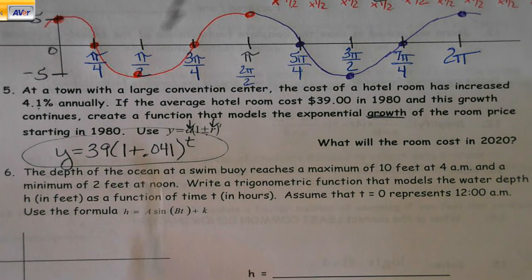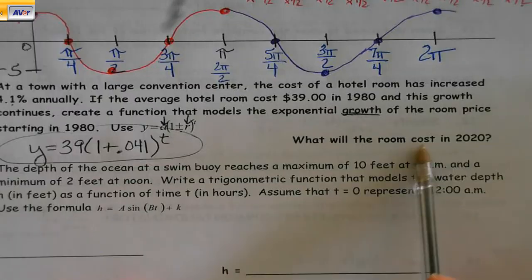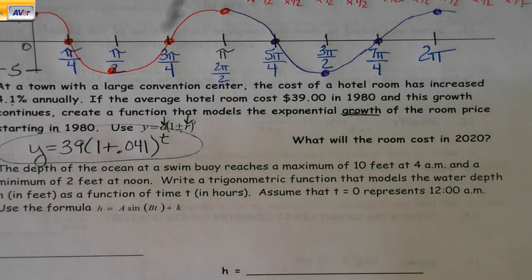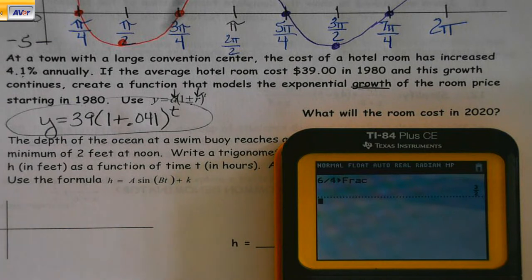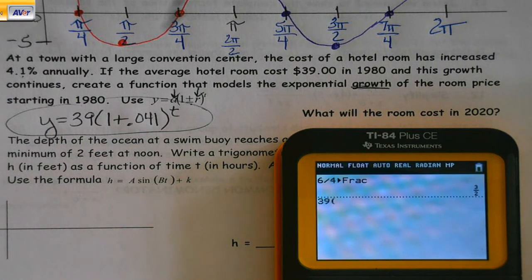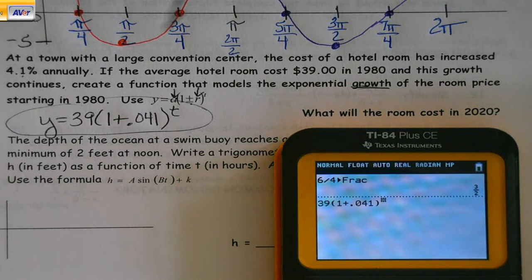That is my function. However, this time, we are asked, what will the room cost in 2020? There's an additional question, which means I have a t-value now, but maybe not the t-value that you're thinking of. What would be my t-value in this case? Is it 2020?